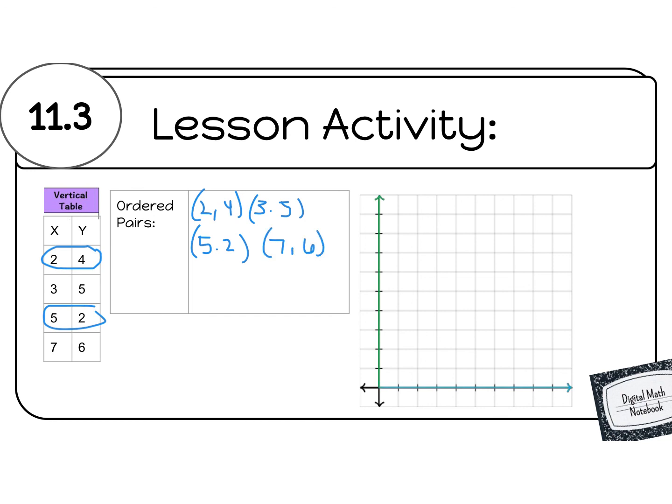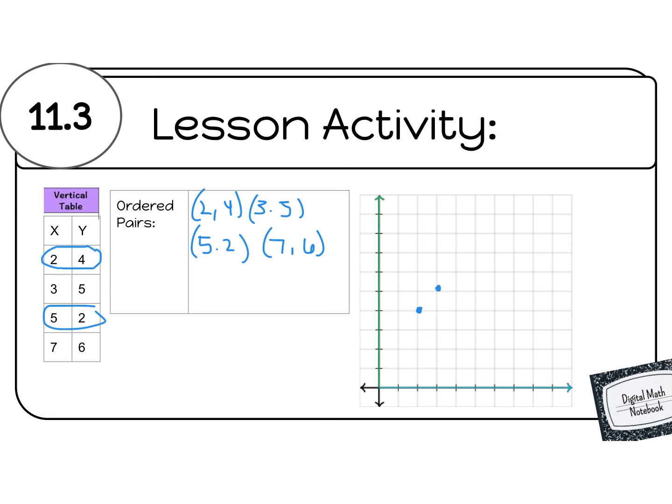I'll start you off by graphing a couple points with you. Our first point is 2, 4. That means we start at 0 and we go 1, 2, and then up 1, 2, 3, 4, right here. Our next point is 3, 5. So we're going to go down the runway 3, 1, 2, 3, and then up 5, 1, 2, 3, 4, 5.